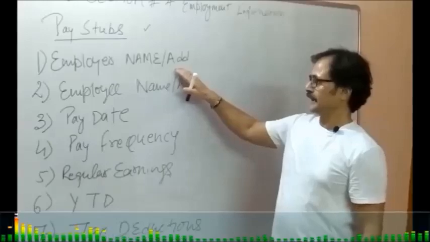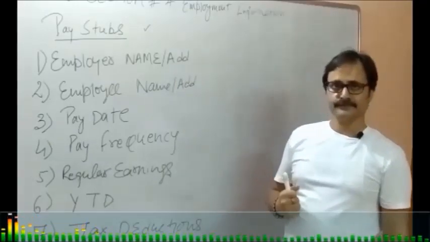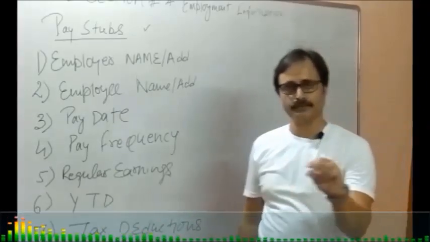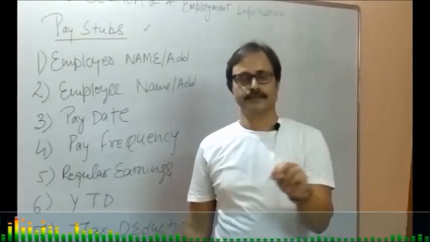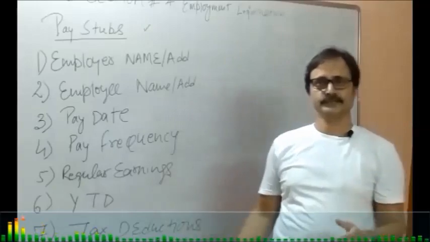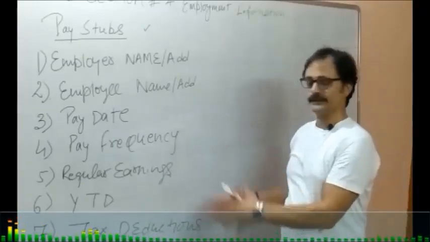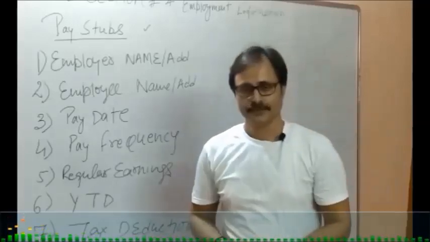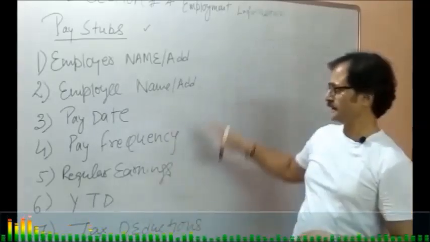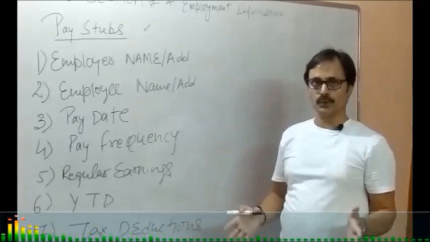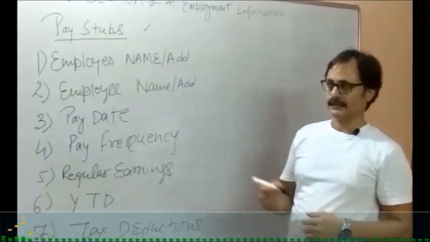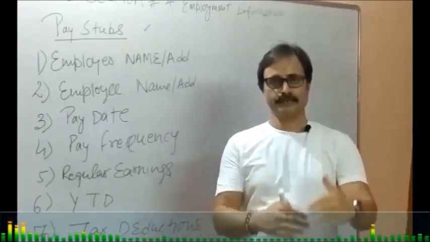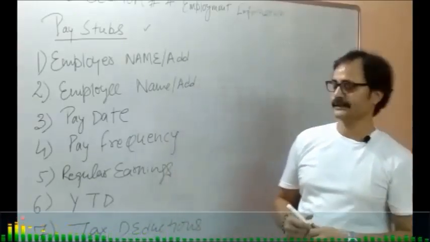Even if the address is not there, we need to check at the bottom whether the employer website or anything like that is written, showing the pay stub was printed out from the employer software. There could also be a logo of the employer, and if the salary slip is given with the employer on the header, that is again acceptable.